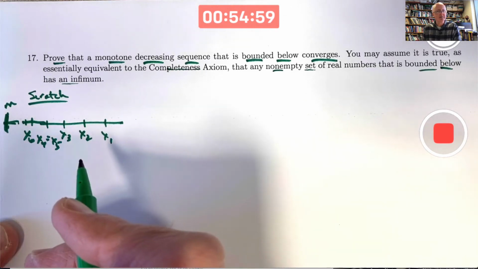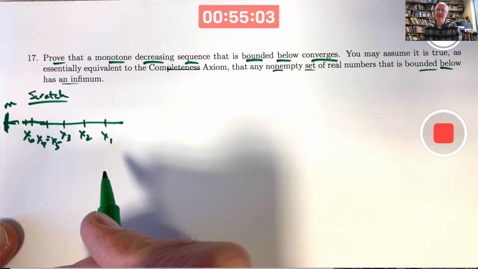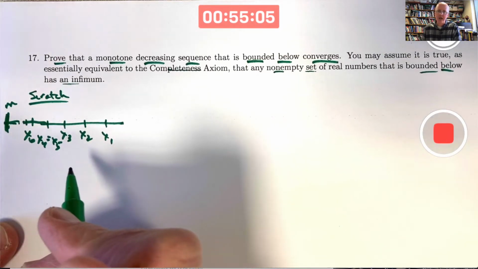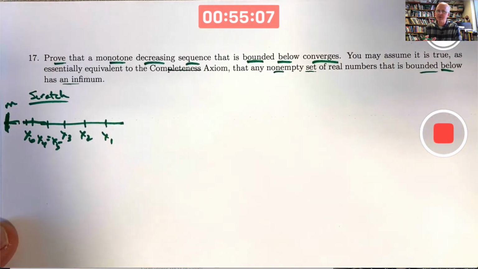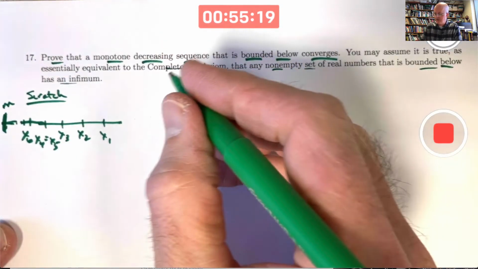Anything bigger than the inf is not going to be a lower bound of the set. There'll be something in the set below it. And that's true no matter how close that bigger number is to the inf. And when I say how close, I mean arbitrarily close, like within epsilon. Seeing what to do here?